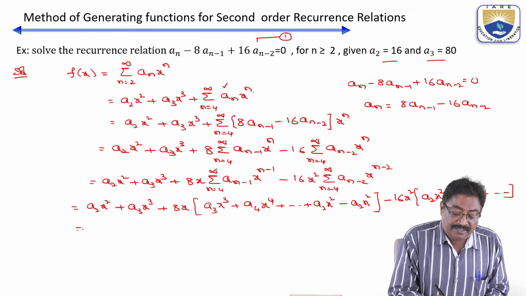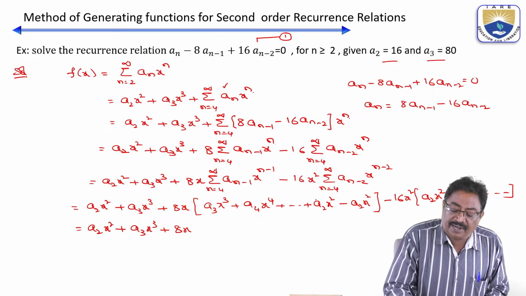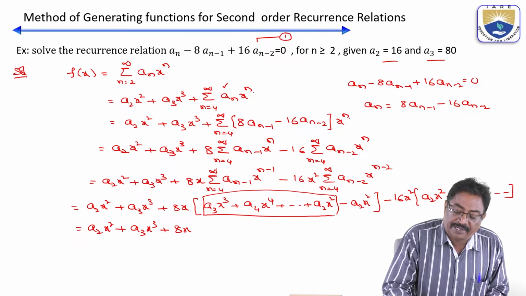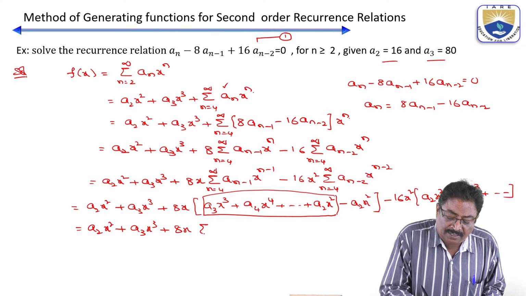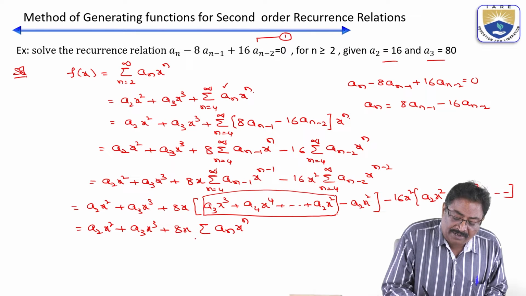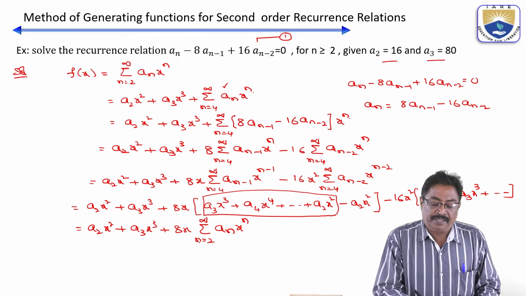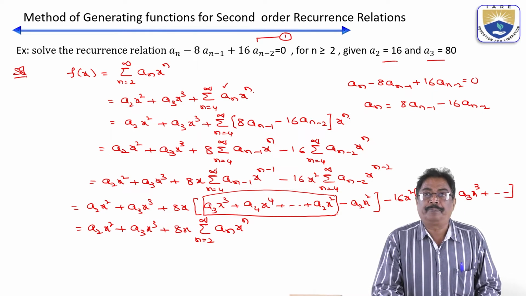Now this is a2 x square plus a3 x cubed plus 8x, and all these things I am going to write as the summation of an x to the power of n, n equals 2 to infinity, n equals 2 a2, n equals 3 a3, and so on.